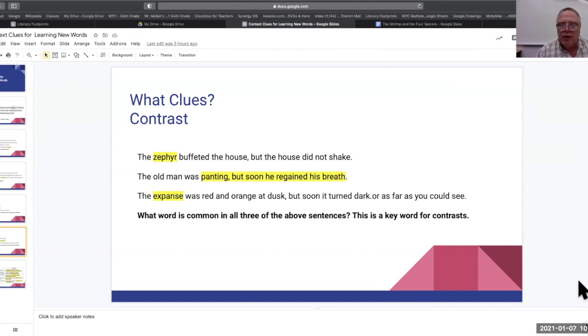Chloe, absolutely. That's right, Rosalind. Hector, good job. Kaya, that's really interesting too. But if you read the context, the expanse was red and orange at dusk, but soon it turned dark. See, the ground never turns colors, does it? Maybe it does. I would think about that. Okay, so you just need to look for the clues within the context.